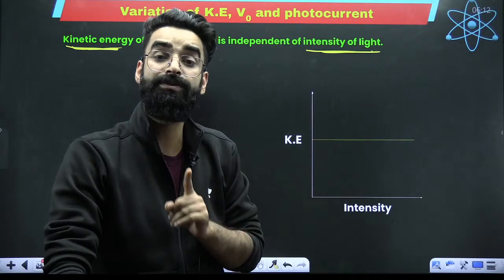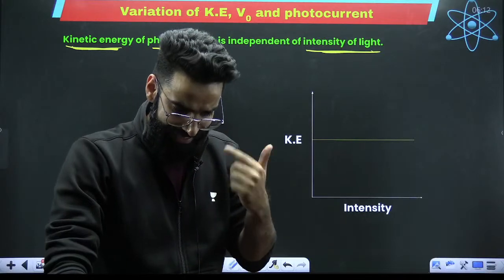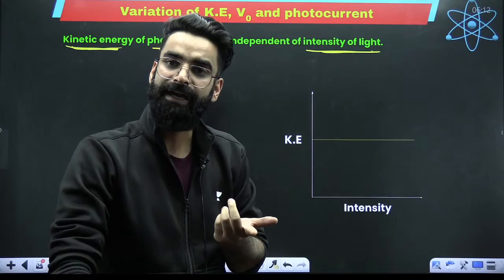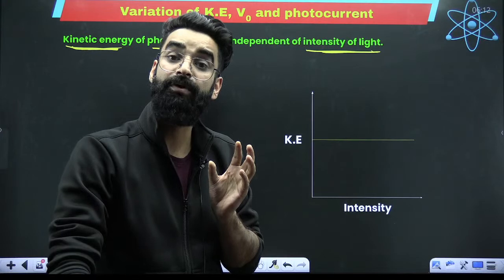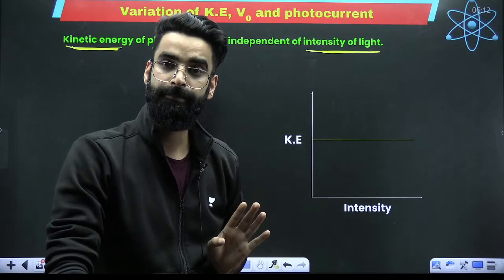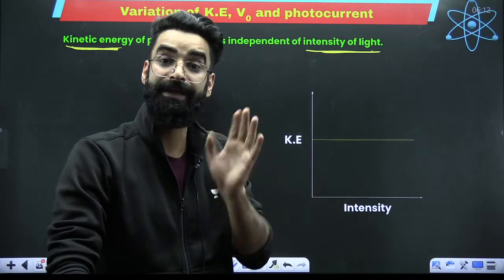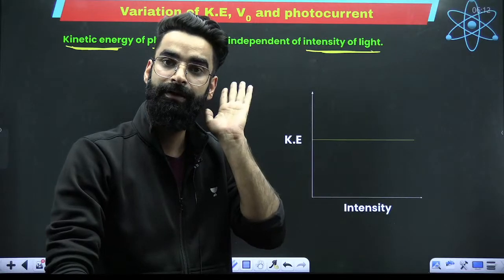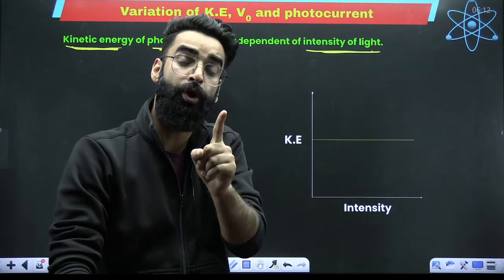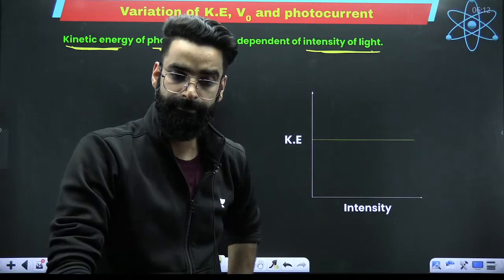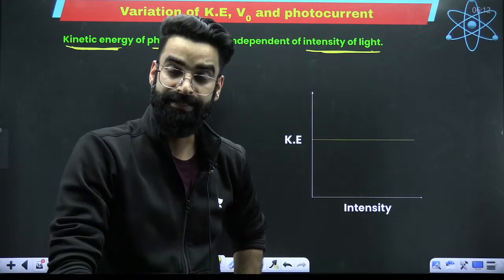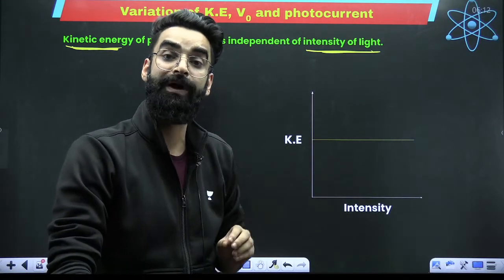Nothing is happening to the energy of photons. If you increase the intensity of the light, you are increasing the number of photons emitted, right? But nothing is happening to the energy of light. It's the same. Since you know one photon is enough to knock out one electron.